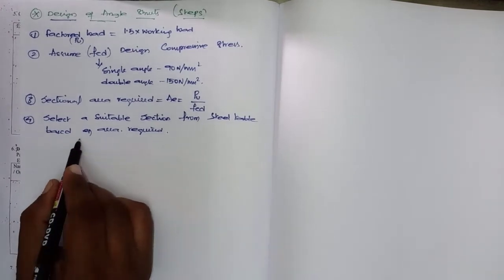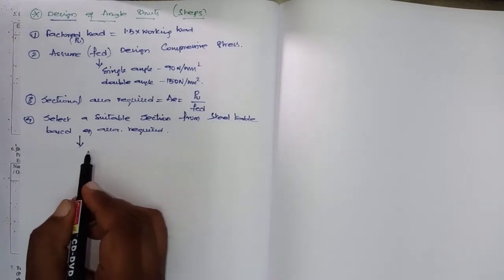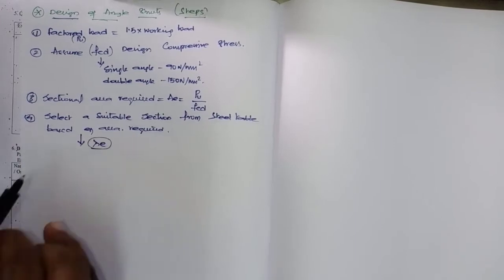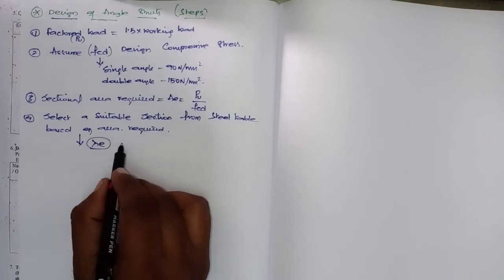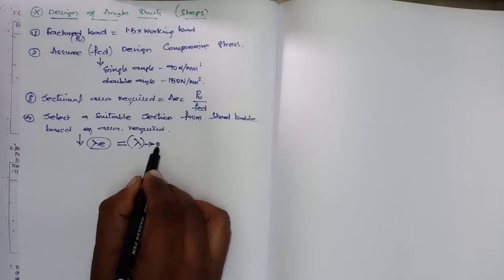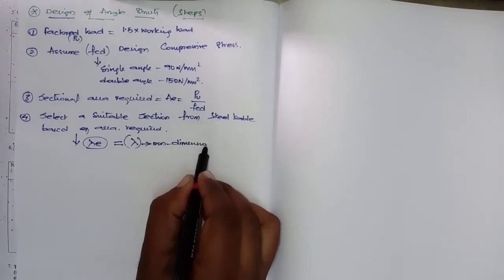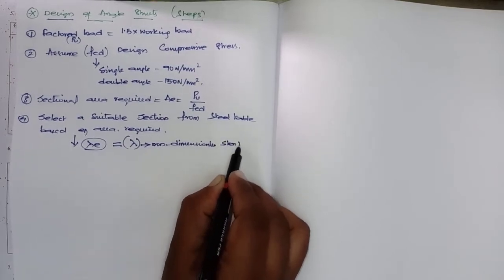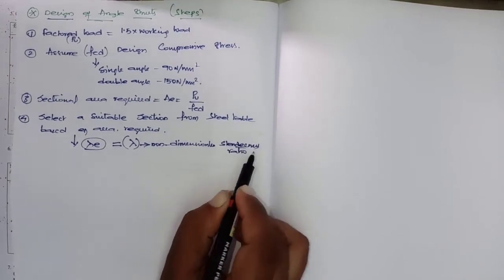Then, based upon the section, you have to calculate the equivalent slenderness ratio for single angles, and equate it with the non-dimensional slenderness ratio.